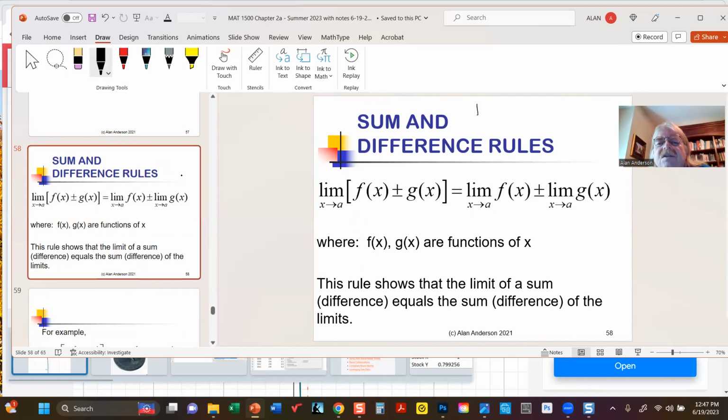This is the so-called plus and minus sign. It's just a compact way of saying that the limit of f of x plus g of x equals the sum of the limits. The limit of f of x minus g of x is the difference of the limits. Although if you notice, they're both converging to the same value. Okay, we have to keep an eye on that.